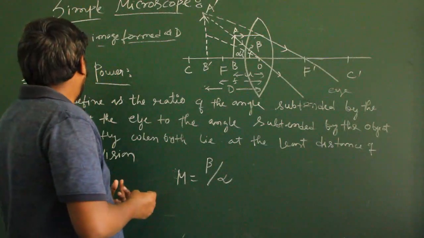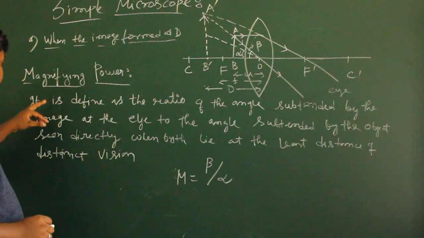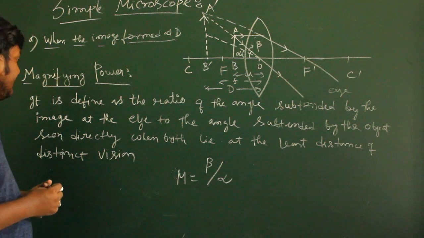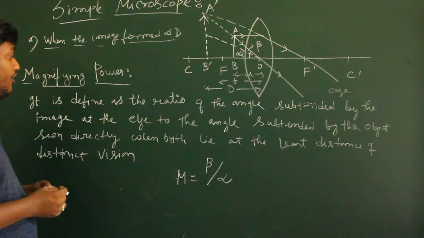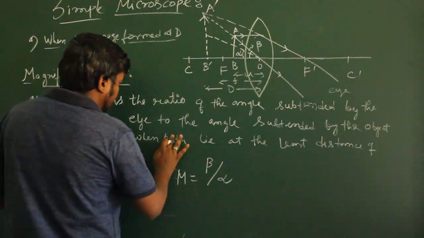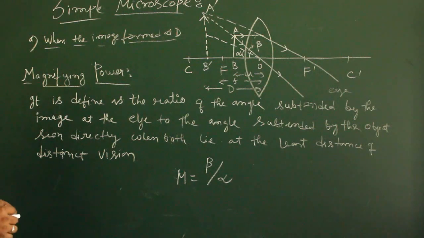Okay. Now come to the magnifying power. Magnifying power is defined as the ratio of the angle subtended by the image at the eye to the angle subtended by the object seen directly, when both lie at the least distance of distinct vision.